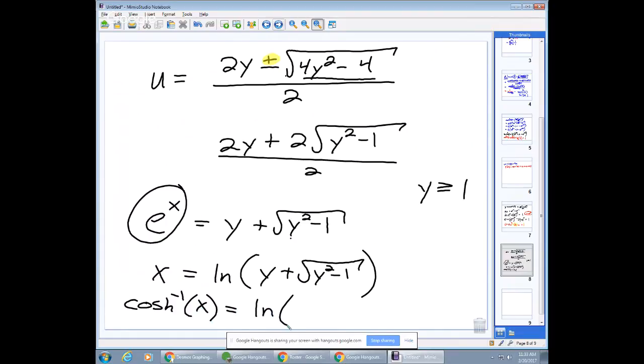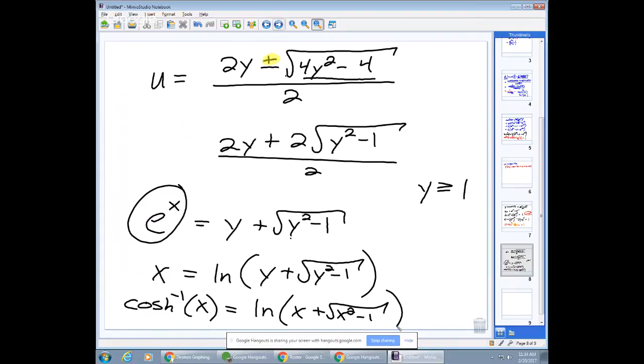It is the natural log of x plus the square root of x squared minus 1. And although I can clean up the natural log of a product, I can't clean up the natural log of a sum. It doesn't do anything. I'm stuck with it.